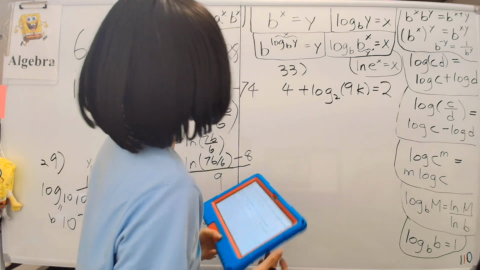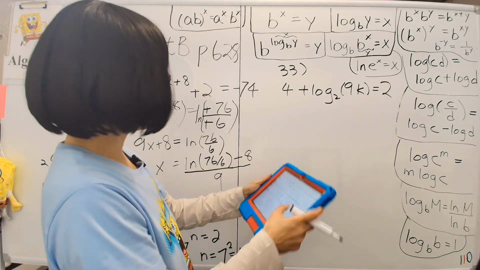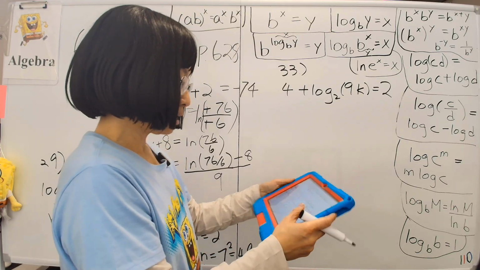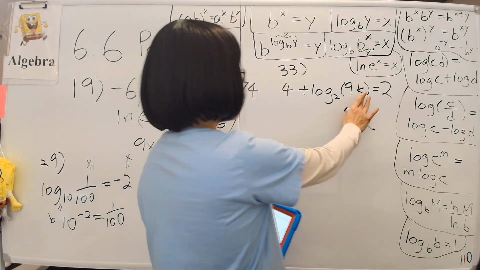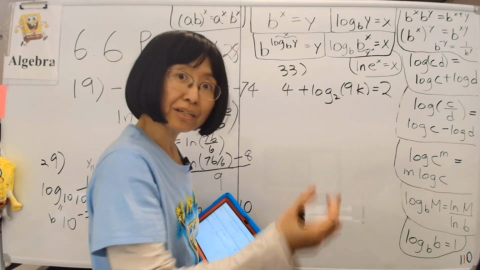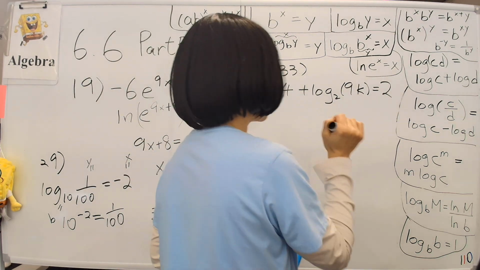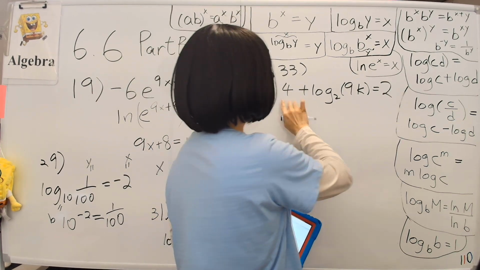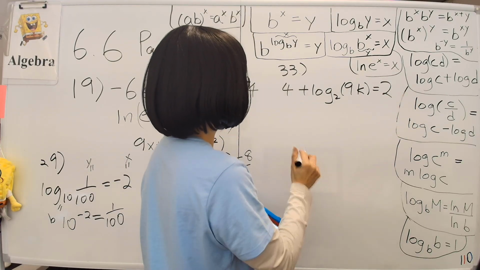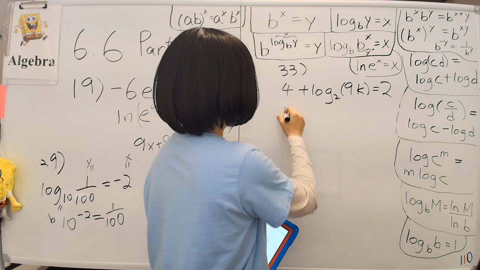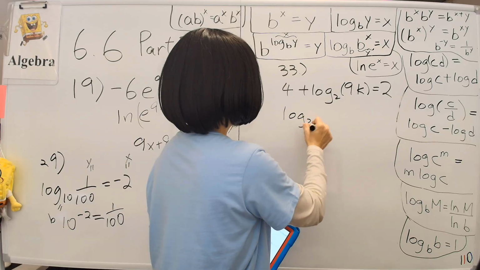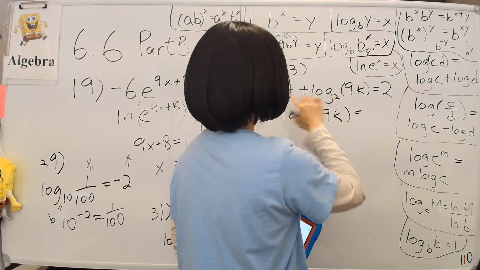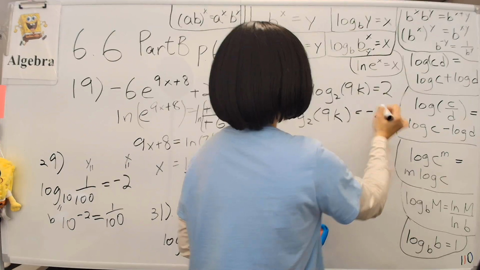Next, let's look at problem 33, which says 4 plus log base 2 of 9k equals 2. All right, so that is our variable. Now the variable is k. We don't care what it is. K is now the new x, and we'll solve for it. So get rid of any number that isn't related. Kick it to the other side. So then the logarithm log base 2 of 9k is going to be equal to minus 2, right? 2 minus 4.